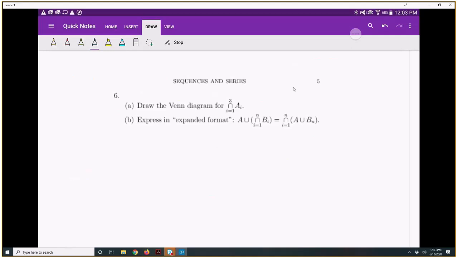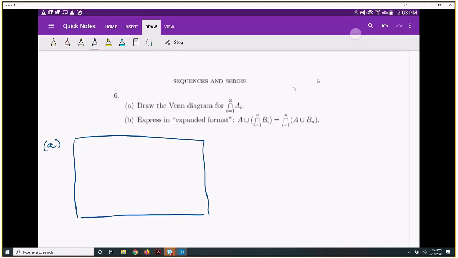Okay, draw the Venn diagram for the intersection, I from 1 to 3, of A sub I. So I'll start with some universal set. Because I have an index from 1 to 3, I know that I have 3 total sets, A sub 1, A sub 2, and A sub 3.